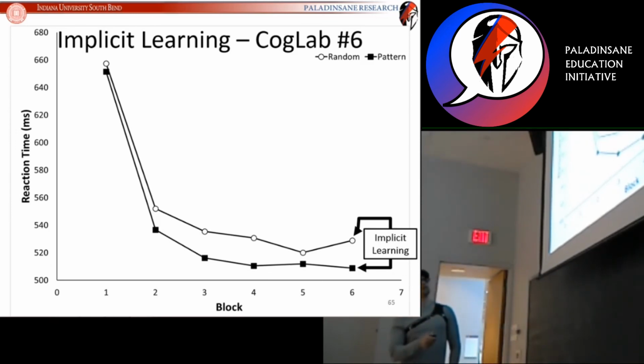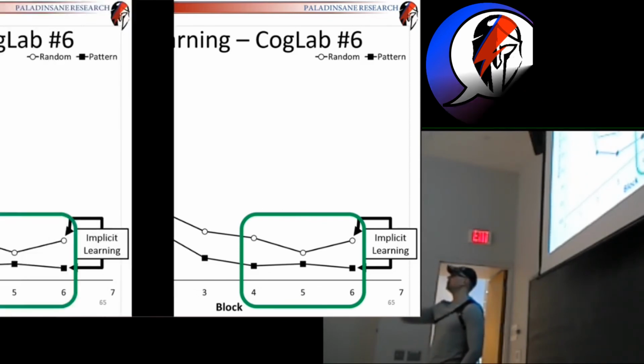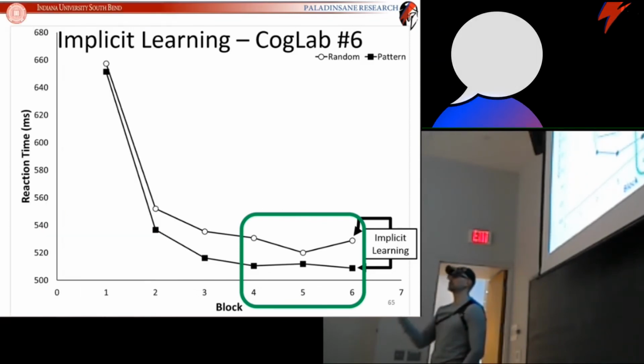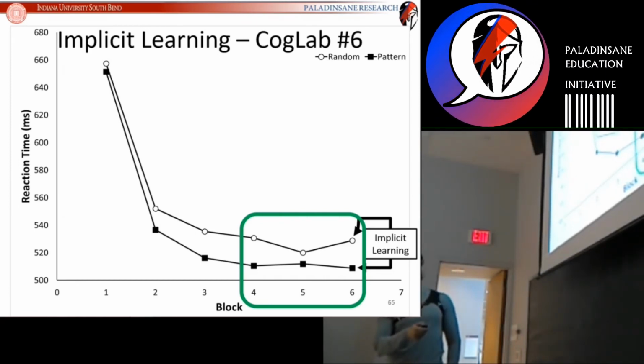So the fact that nobody mentioned that they were in the pattern condition means that the difference between these conditions can only be because of implicit learning. The only difference between these two is the pattern. Nobody noticed that they were in the pattern. That excludes explicit learning. So the only thing that it could include is implicit learning.